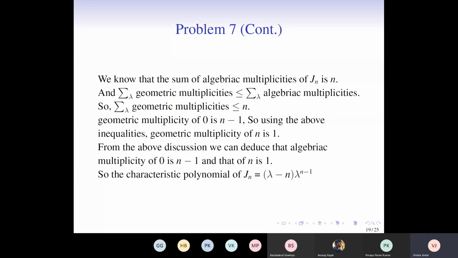That is because geometric multiplicity is less than or equal to algebraic multiplicity, but the sum of geometric multiplicities equal to n holds only when each geometric multiplicity is equal to the corresponding algebraic multiplicity. So this gives us the characteristic polynomial of Jn as the expression written here.